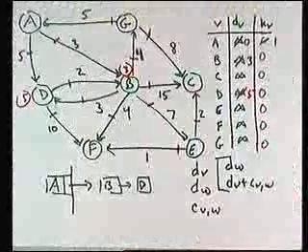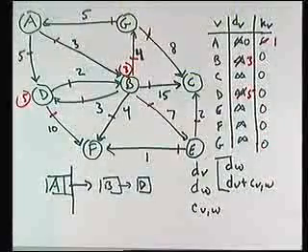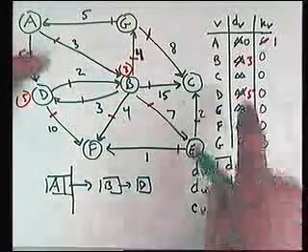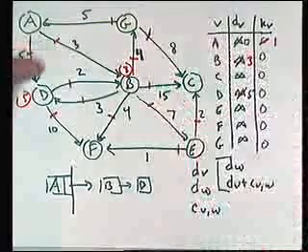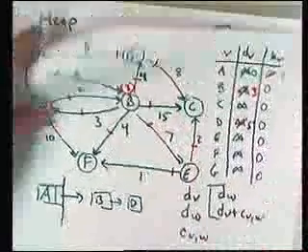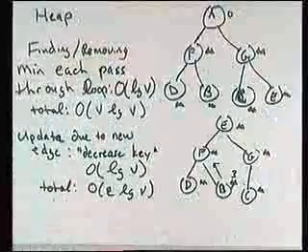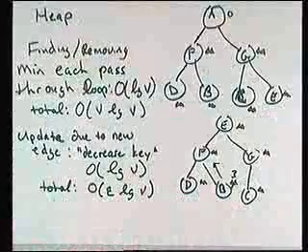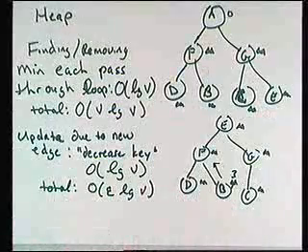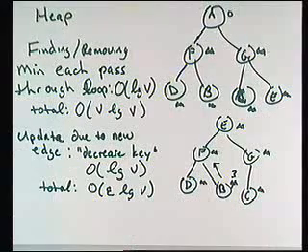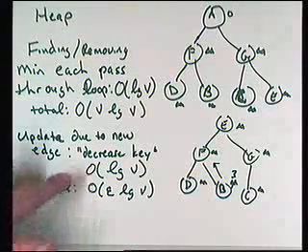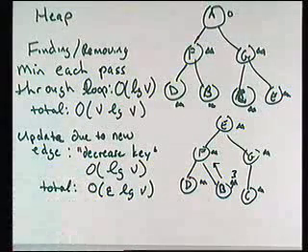Unlike in the table where I just left b exactly where it was, once I updated b's distance, that was it. Now b needs to move, it's the equivalent of moving b somewhere else in the table because of its update. And so that doesn't take constant time, that takes log v time for one of those updates. And each edge could potentially cause an update, and therefore every edge can potentially cause a log v decrease key operation, and so the total processing there is going to be E log v.